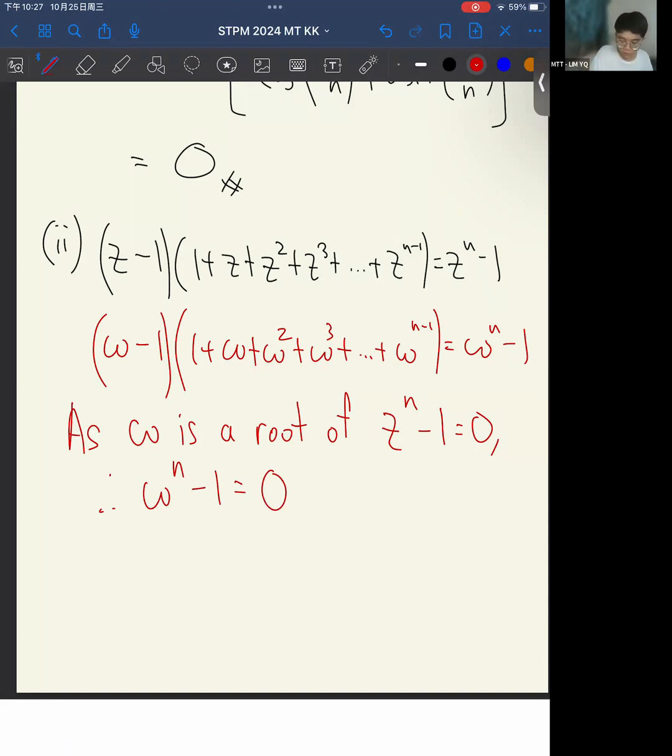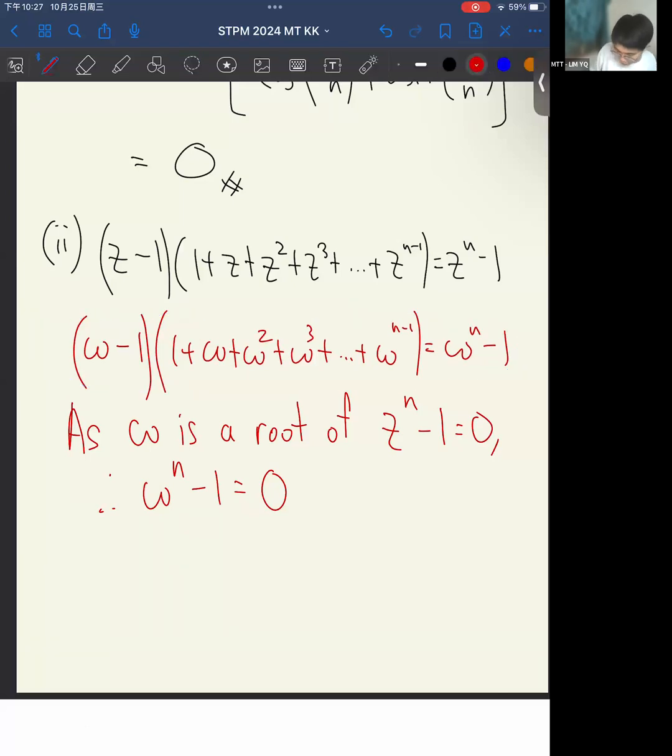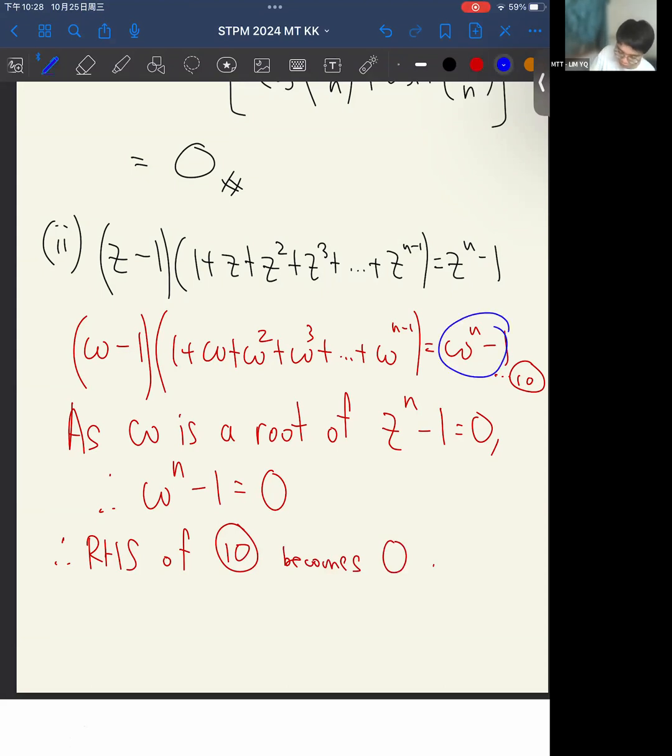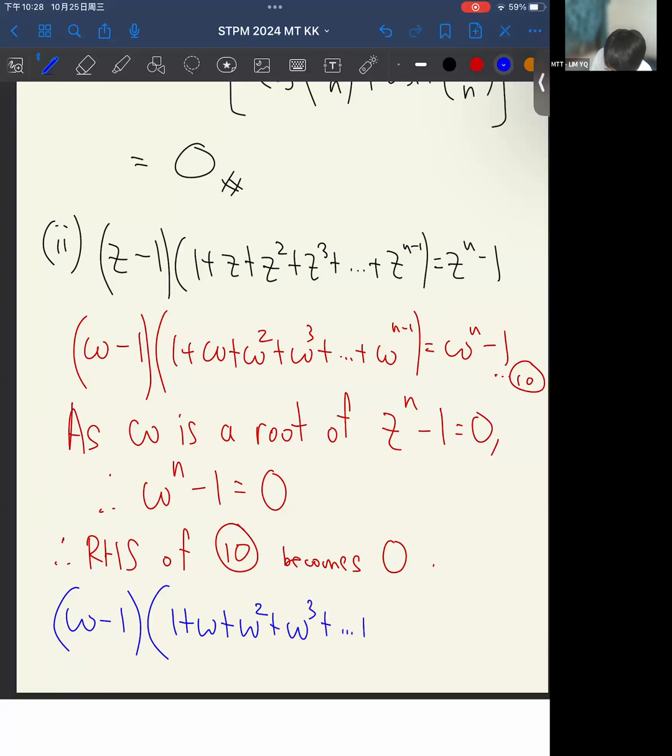Root means when you substitute inside, it equals. Let's say this one is equation 10, I forgot already. Therefore the right hand side of equation 10 becomes 0, right? So this one becomes 0 already. Now W minus 1 and this one equal to 0, right?